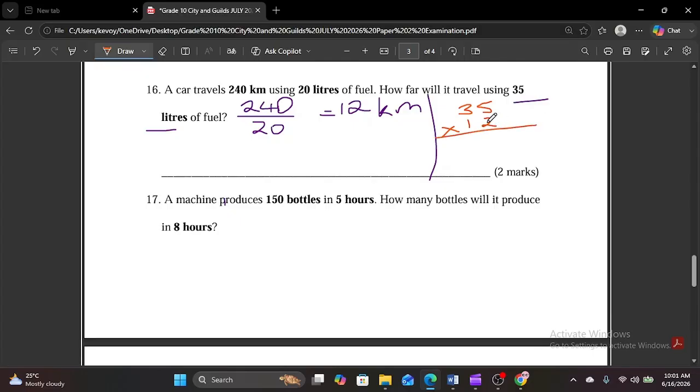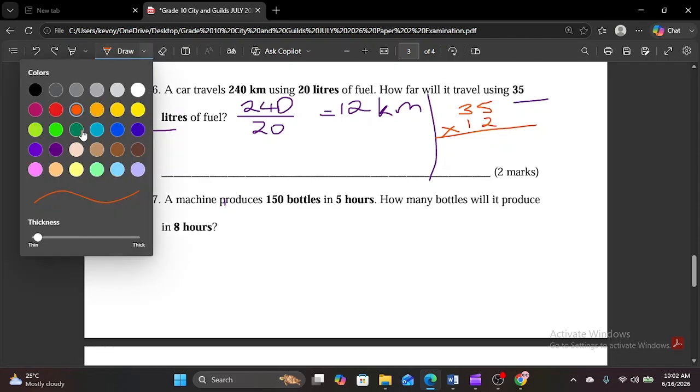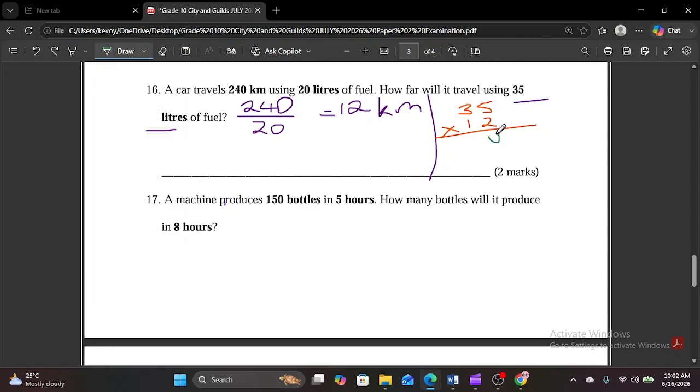So that's going to be equal to 2 times 5. That's going to be 10. Remember, you multiply before you add. So 2 times 3, that's going to be 6 plus 1, that's going to be 7.